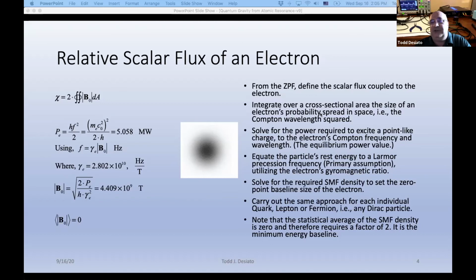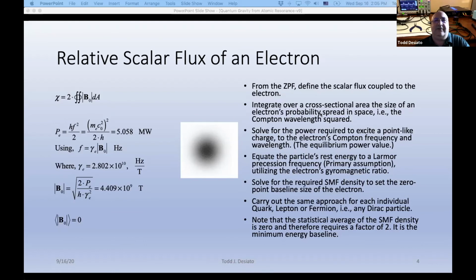And those equations of motion show that the electron is like a point-like particle that has a jittering motion called Zitterbewegung. And the jittering motion basically spreads out the electron's probability cloud on the order of a Compton wavelength.